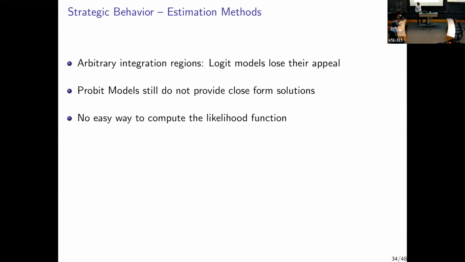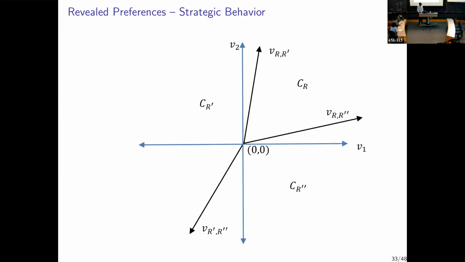Okay, so now, as I say there, logit models lose their appeal. Even if I say, okay, let's do probits, still integrating a normal over these funny regions is not an easy task, in particular when you have more than two schools. So we need to come up with something different.